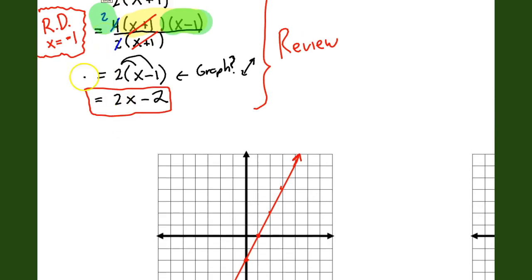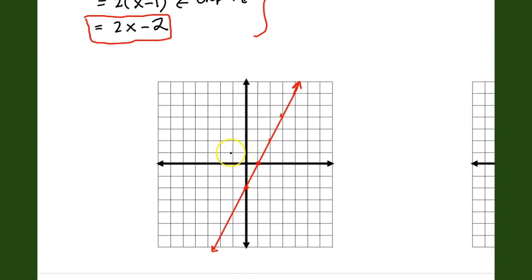The removable discontinuity at -1. So here's -1, open circle. Some people missed that on your quiz. You might have written replaceable or removable discontinuity, but then you didn't put the open circle on the graph. It needs to be open. If it's not open, it doesn't count. It's got to be an open circle.